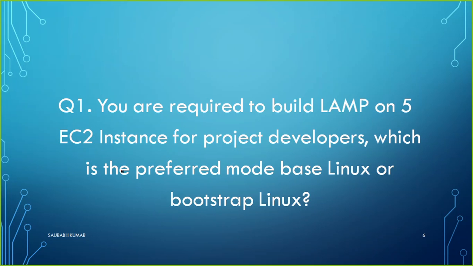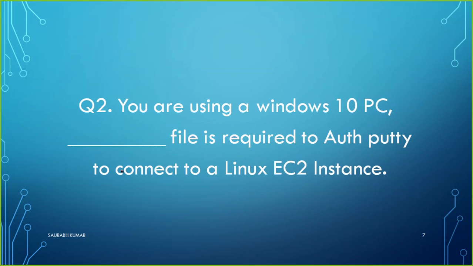Second question goes to you: you are using a Windows 10 PC, or maybe any Windows machine. Which file is required to authorize or authenticate PuTTY to connect to a Linux EC2 instance? Meaning that maybe your laptop is running Windows 10. From there you want to connect with a Linux EC2 instance.